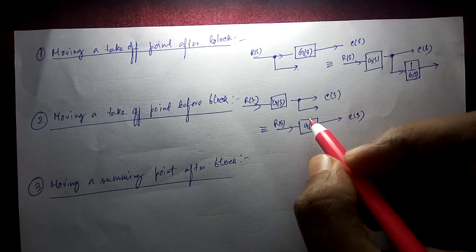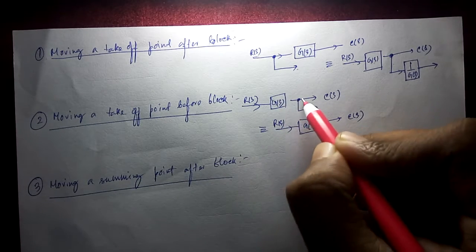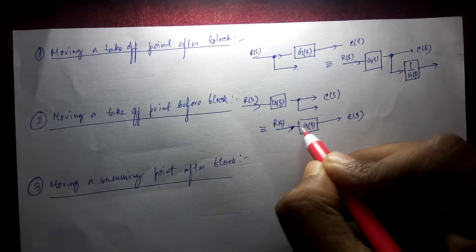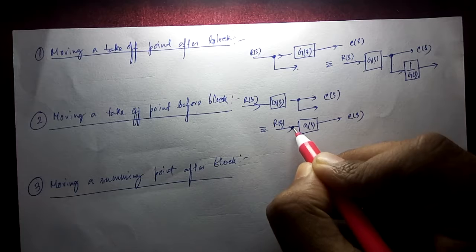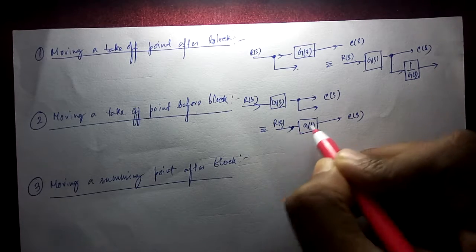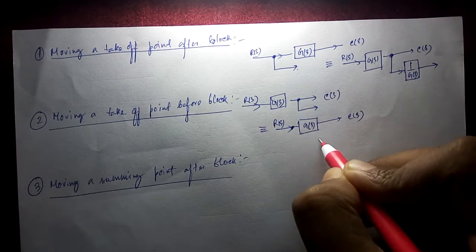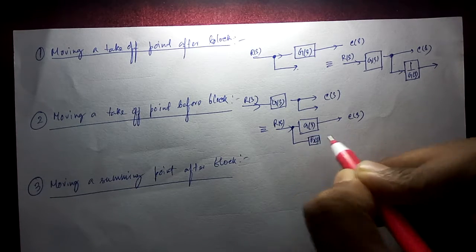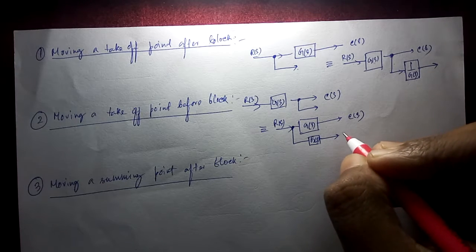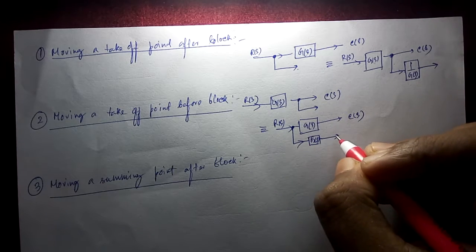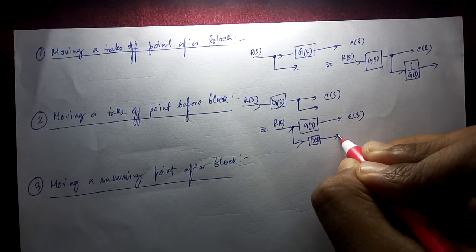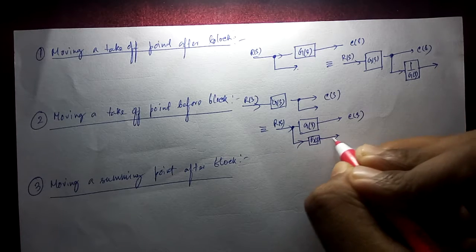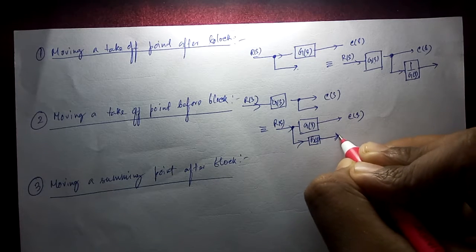The multiplied version goes along this path, but if we take the takeoff point before, it will not get multiplied, only R(s) is coming. Hence to get R(s)G(s) in this path, we have to multiply by G(s) and then take the value. Only then, after transferring the takeoff point, the same value will come from this path.